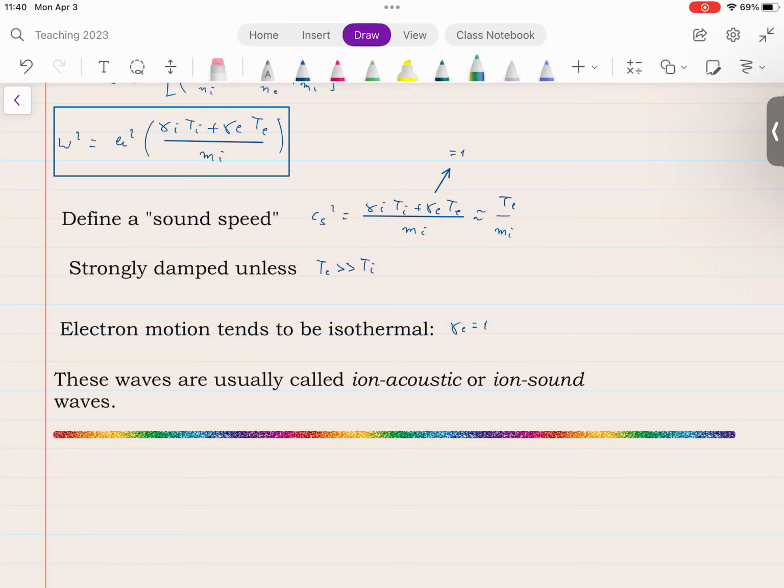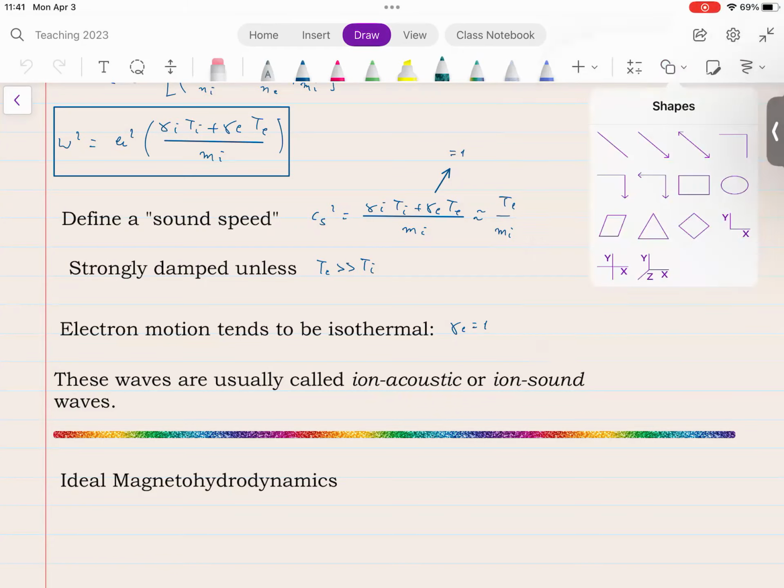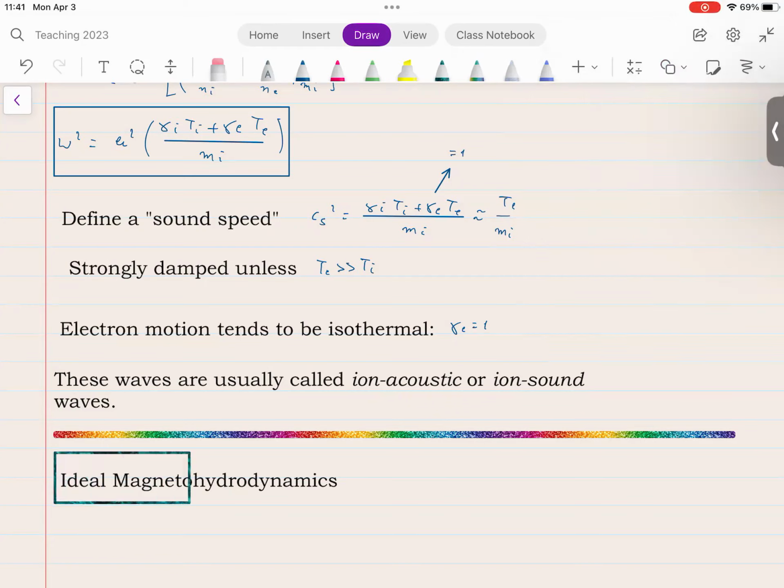And for this course, at least, we're going to only talk about ideal MHD, or magnetohydrodynamics. And this is a big field of research.